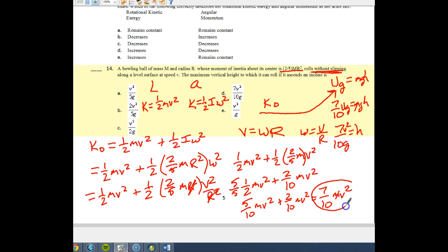So we really took this equation and set it equal to the mgh. So this is really 7/10 mv squared. The m's cross off, the g goes down on the bottom, the v squared stays on top, and we've got our h, and so our answer has got to be letter D. And that is number 14.